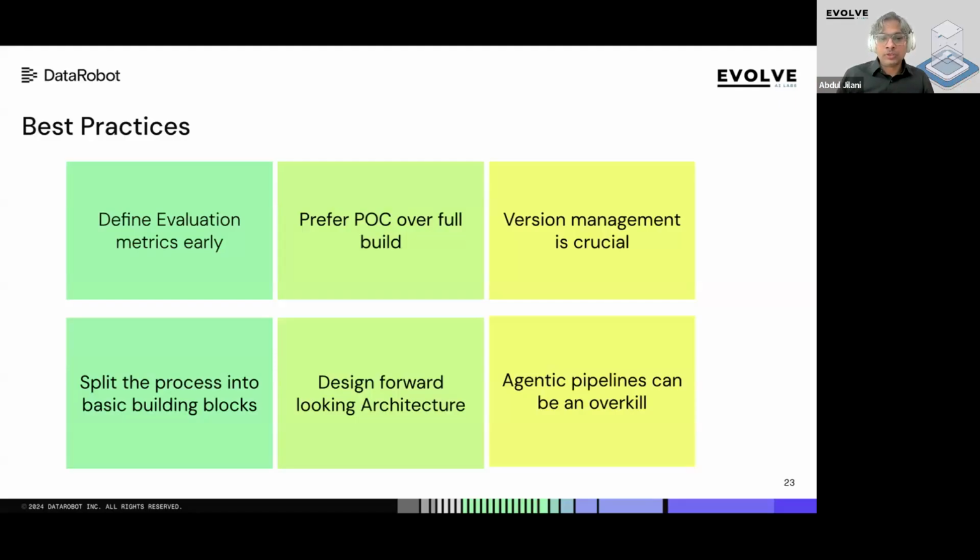Then design a forward-looking architecture. Your architecture should always take the end goal into picture because there are data security and privacy concerns. All of these need to be taken into consideration before building the solution, because once you build it, you cannot backtrack if the architecture doesn't follow the requirements.